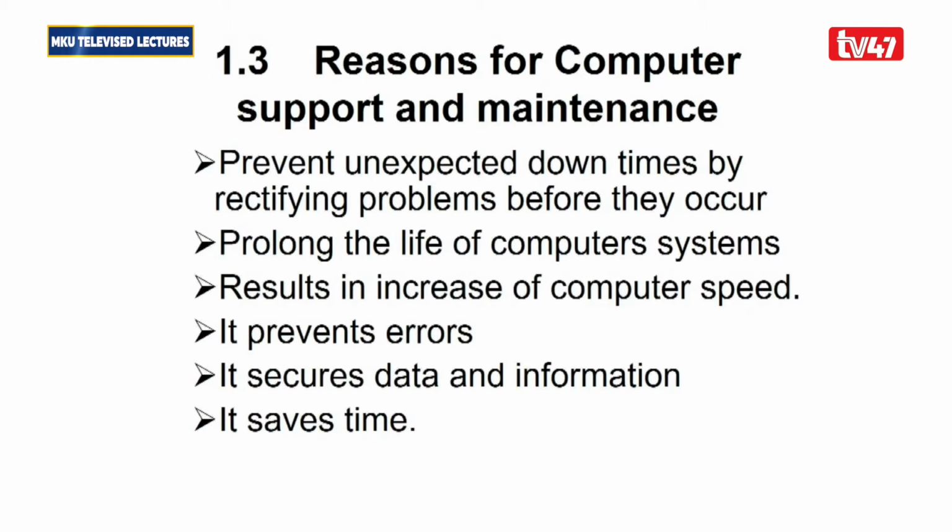An example of maintenance is when you install and update antivirus software, you prevent that computer from losing data or having data affected in case it is infected with computer viruses. That way you prevent unexpected problems before they occur.